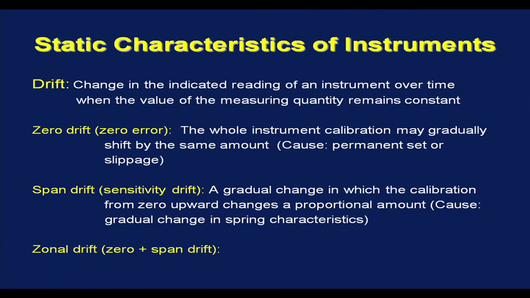We should take note of this zero error so that we can apply the correction factor to the measured value being indicated by the instrument. So, in zero drift or zero error, the whole instrument calibration gradually shifts by the same amount. It may be caused by permanent set or slippage.